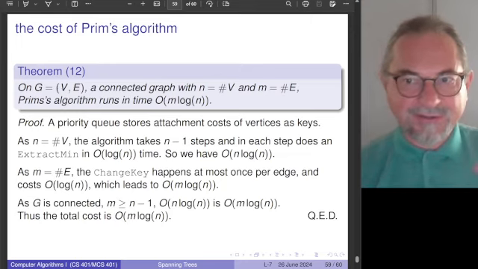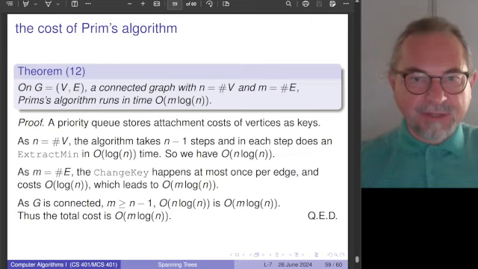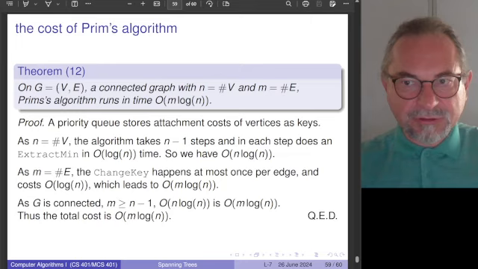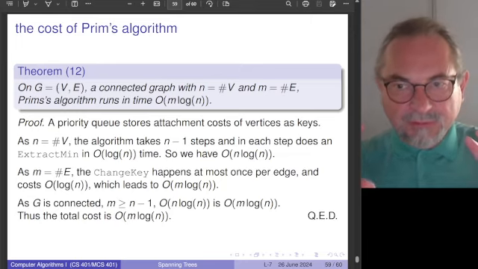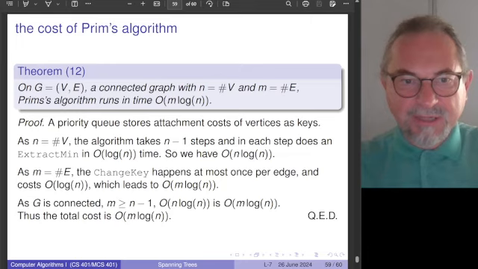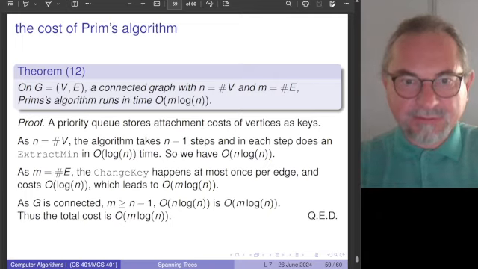So the difficulty in this argument here is that the algorithm is vertex oriented, but in examining the costs, you have to take into account that we will do the change key only at the moment when we are starting to add the vertex that appears in this edge.